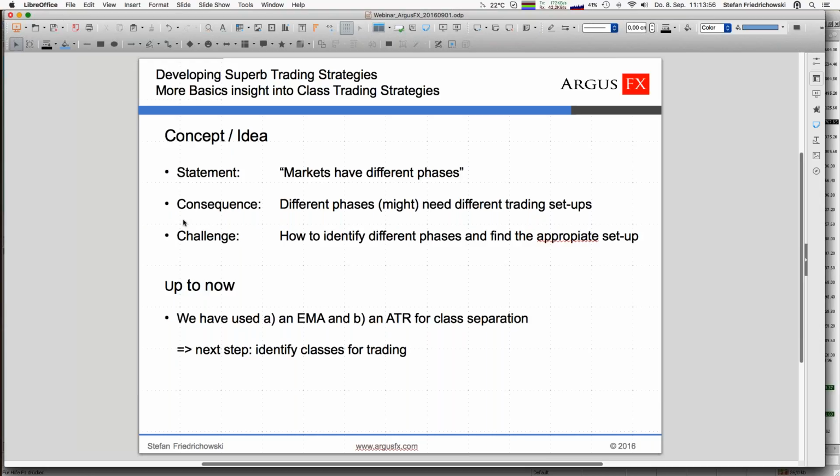The general belief behind it is simply that I make a statement like: markets have different phases, and of course the next consequence is that different phases might, there's still a question mark, need different trading setups.